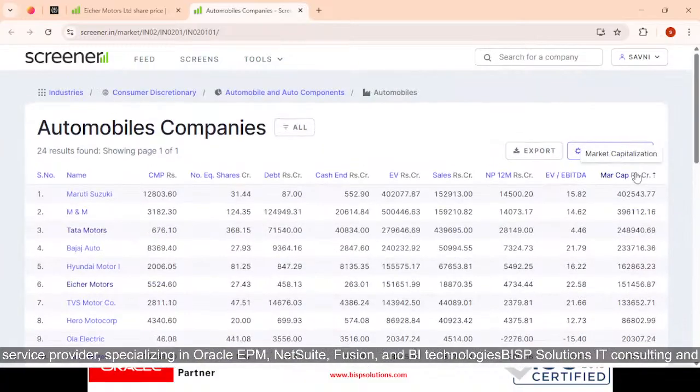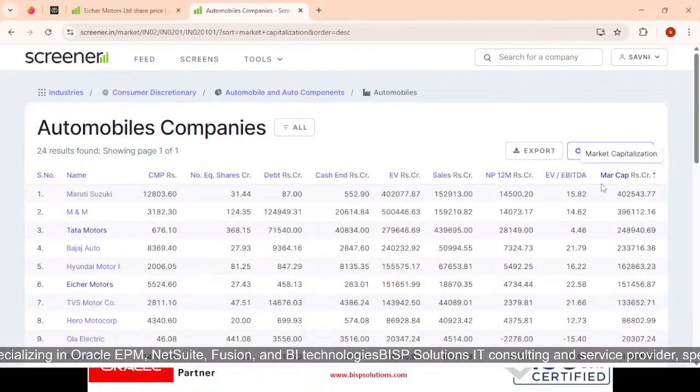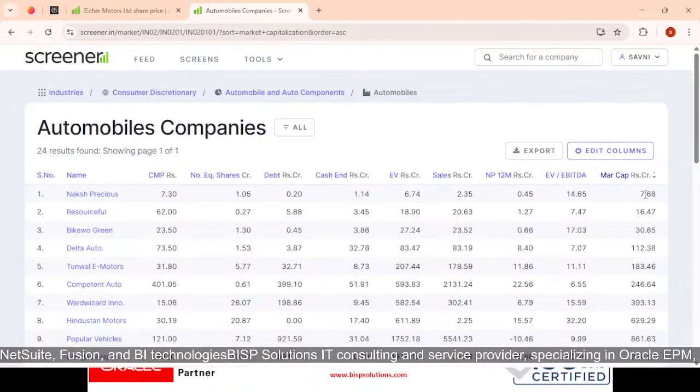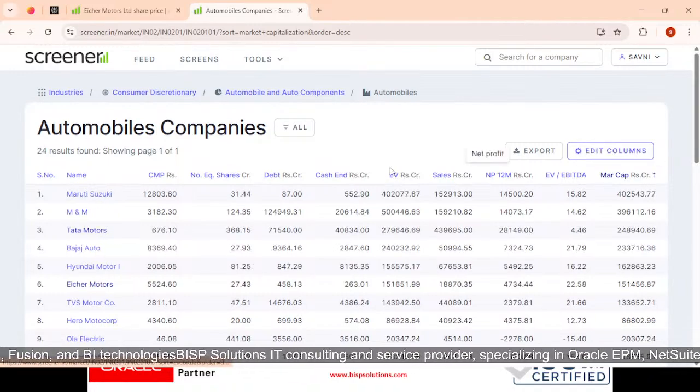If I click on this market capitalization arrow, it gives me the market capitalization as per the industry. Lowest is this and highest is for Maruti Suzuki, and Eicher Motors comes at 6th place with a market capitalization of 15,145.